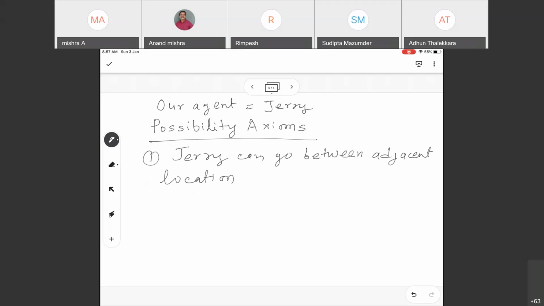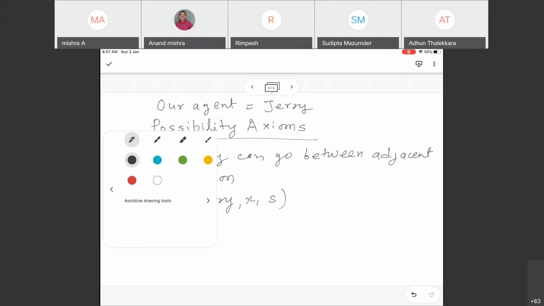In this, how do you model it? First of all, you have to assume where Jerry is. So we can write at(Jerry, X, S). This says Jerry is at position X in the situation S. You can clearly see this is nothing but a fluent.